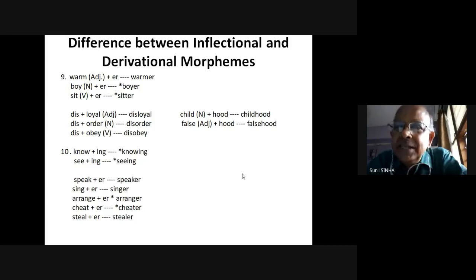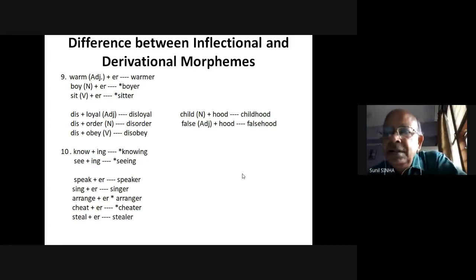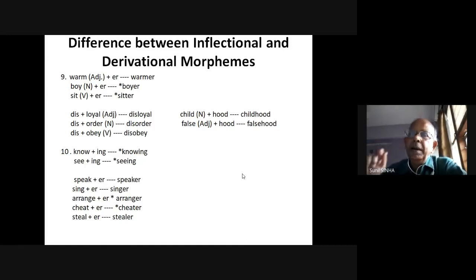So that is the difference, a very big difference, that one inflectional morpheme can be added to a word belonging to a particular group. Like the plural morpheme S can be added to a noun, it can be added only to a noun, not to an adjective.